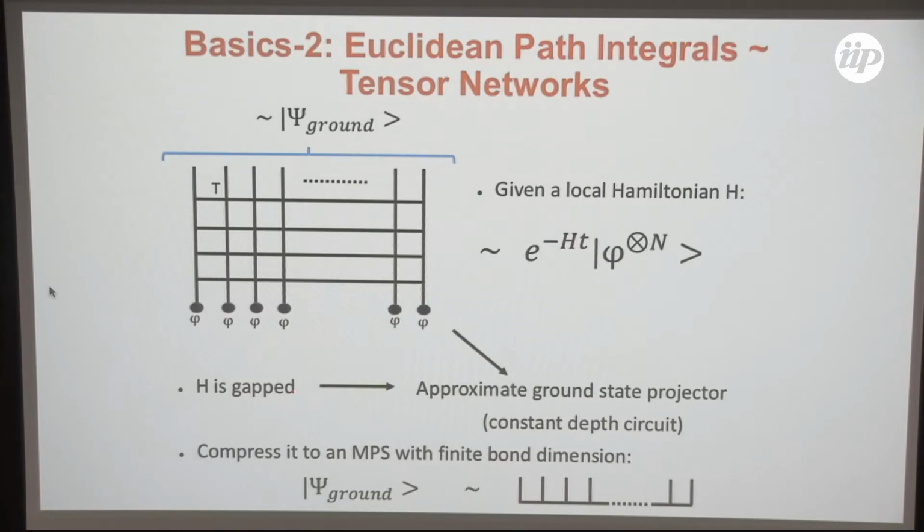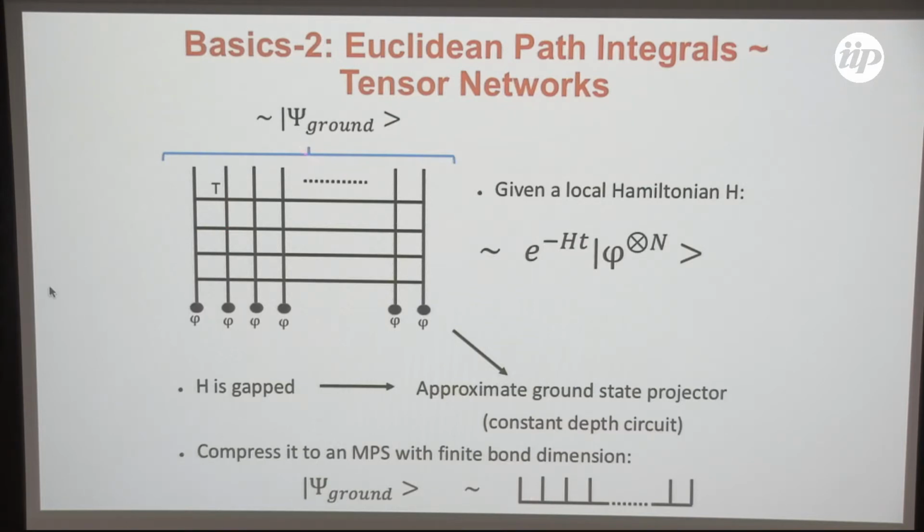So if H is gapped, this object with relatively small t behaves as an approximate ground state projector. I mean, this is actually not really true, but in some cases you can achieve this goal with constant depth. It's not really true, but let's say that it's true for some physical systems. And now what you do is compress all these tensors into one tensor, like this.